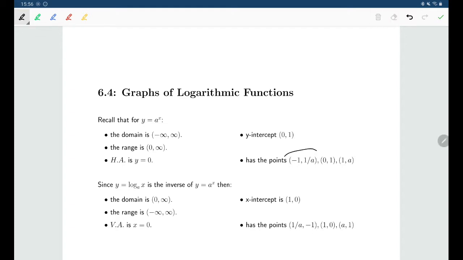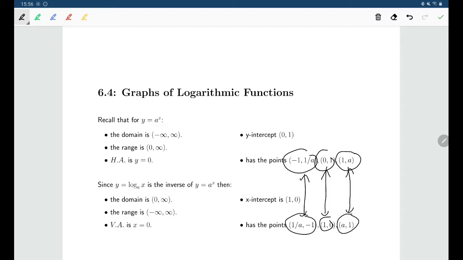And that means that if you know the 3 nice points for an exponential function, switching those x and y coordinates gives you the 3 points for your logarithm. So the exponential function, for example, has the point 1, a, so the logarithm has the point a, 1. And same thing with the other points, we're just switching the x and y coordinates.